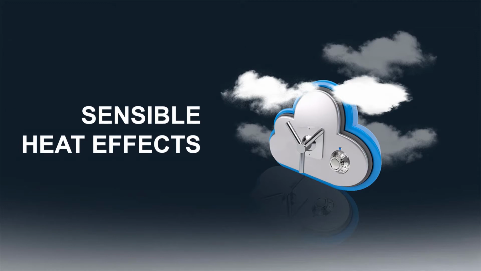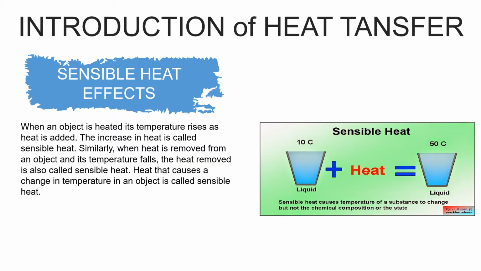So the first part is the sensible heat effect. Sensible heat effect is when an object is heated, its temperature rises as heat is added. There is a change, an increase or decrease in temperature. When there is a temperature change, either an increase or a decrease, that is called the sensible heat.